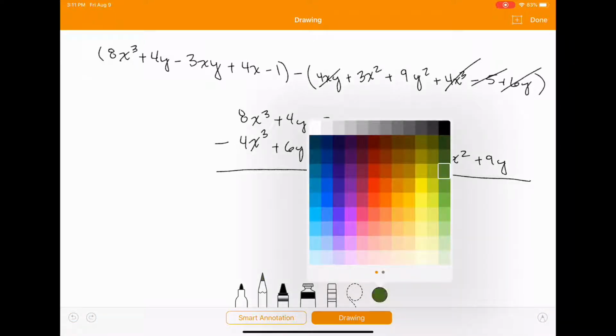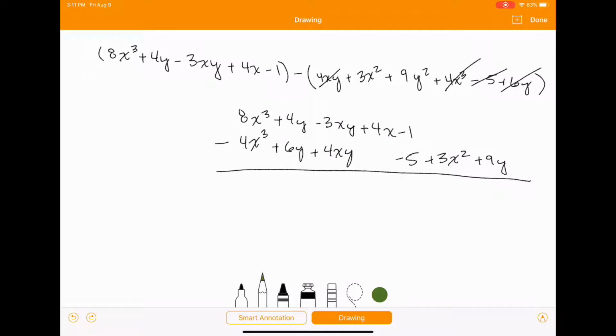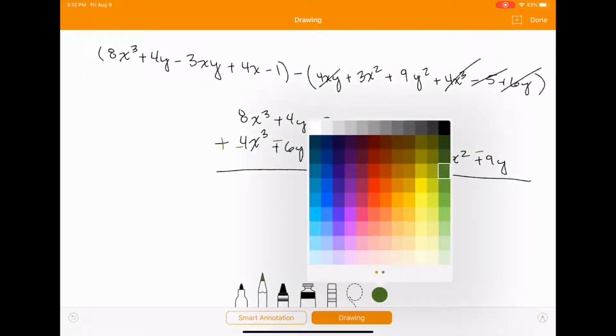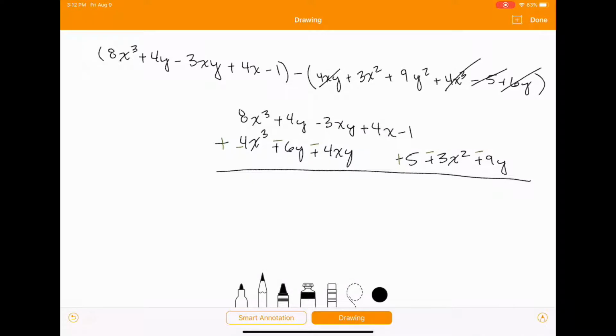I'll do that in green so you can see it. So we're going to change this to a positive by multiplying it by a negative 1, and then you've got to multiply everything else by a negative 1. So this is going to end up being negative, negative, positive, negative, negative. And then you can perform your addition just like we did above.